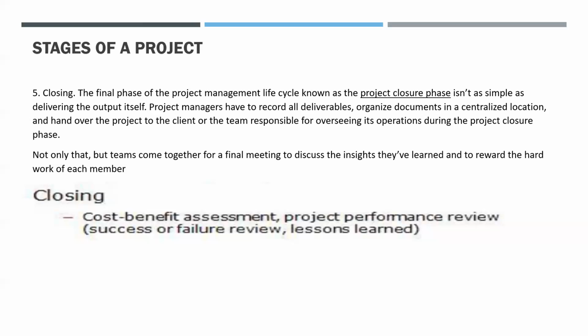So before the closing, like I said, the project closure phase isn't as simple as delivering the output itself. Even if it is just 3 days before the house is finished, if the client looks and sees that the wall is cracked, the project cannot be delivered or closed because the client sees that there is something wrong within the project.